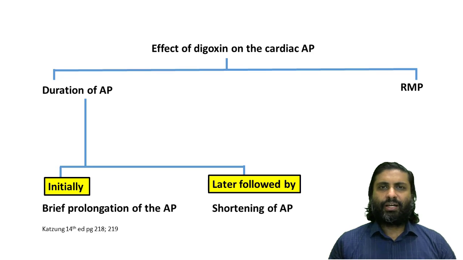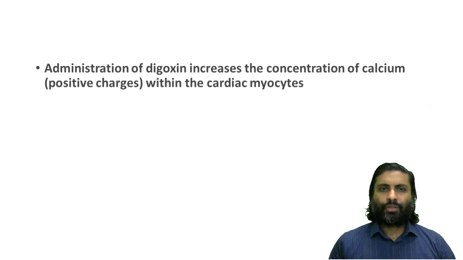Right. Now, regarding the resting membrane potential, we know that digoxin increases the intracellular levels of calcium, and this forms the basis of the positive inotropic effect of digoxin.